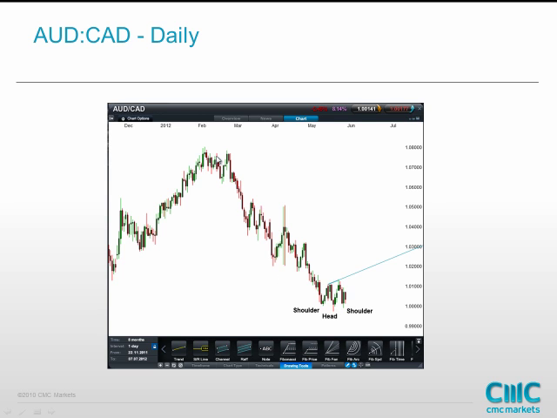So here we've got what might in its very early stages be a head and shoulder, but firstly a good strong downtrend leading into it, which is always a prerequisite for the better quality bullish reversal patterns.